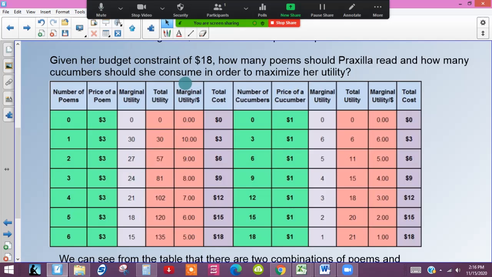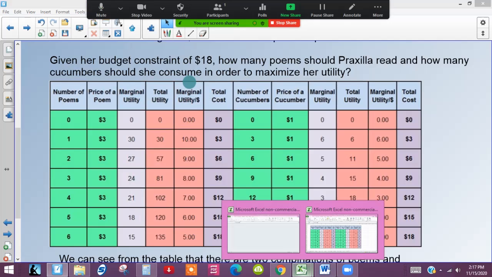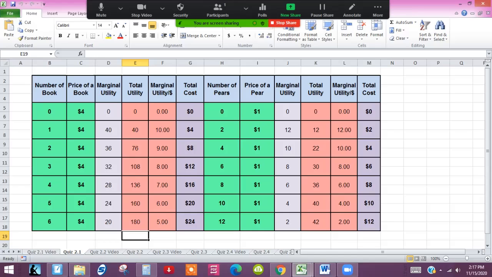And then the fifth column over is very, very important. It's going to help us answer our question: marginal utility per dollar. So what we're doing here is, let me just jump over to my spreadsheet, which is right here. This is what I actually used.